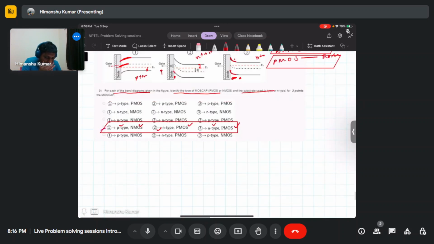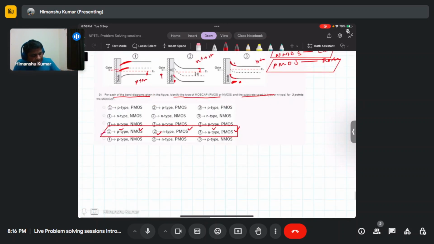In the second case, you are applying a negative gate bias, and that's why this level is moving up, and you can see the interface is inverted. This is phi f and this is also phi f, so the total has become 2 phi f, and you can say this surface is becoming inverted.